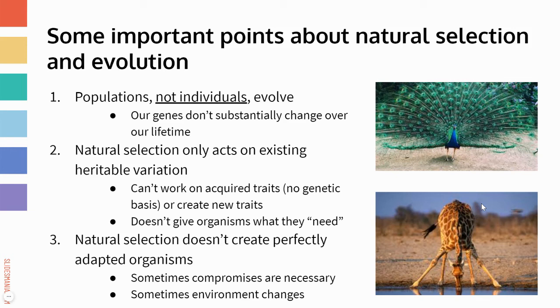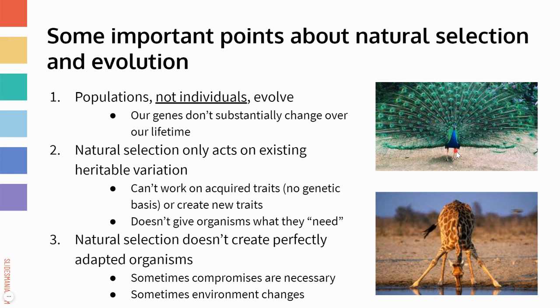And the third is that natural selection doesn't create perfectly adapted organisms. So, this idea of compromise is going to come in when you think about the fact that organisms are often doing more than one thing with a given trait. So, we could think about a peacock's elaborate display, and we know that this helps male peacocks attract a mate. So, in that sense, a really big and colorful and beautiful display would help the peacock find a mate and pass on its genes.